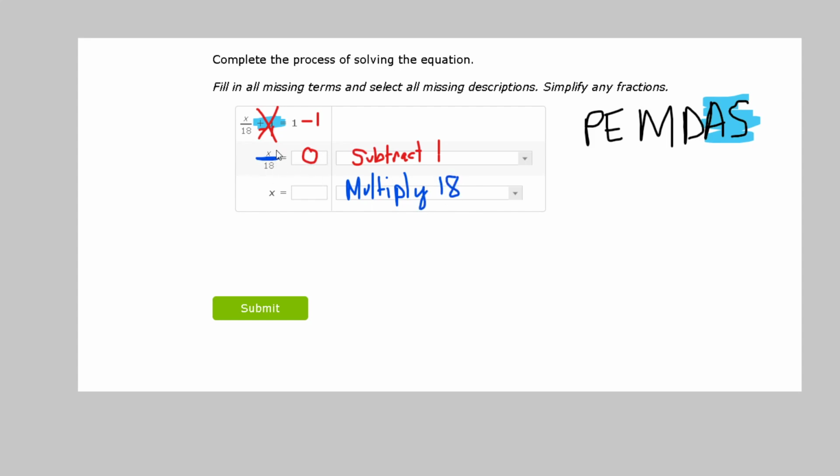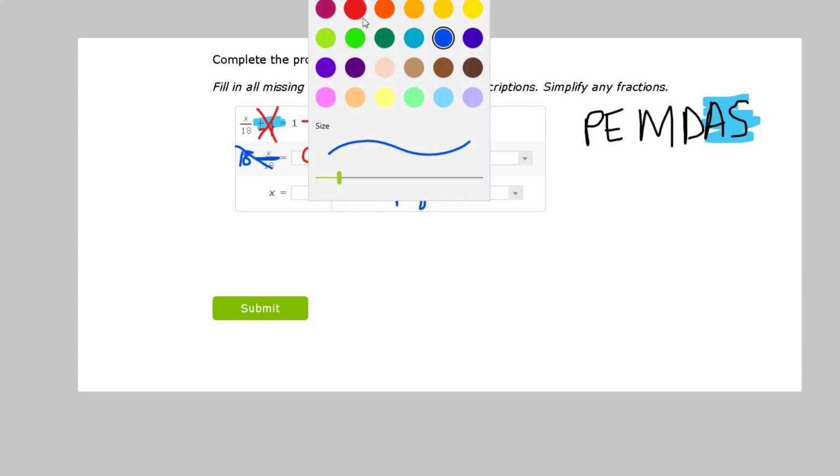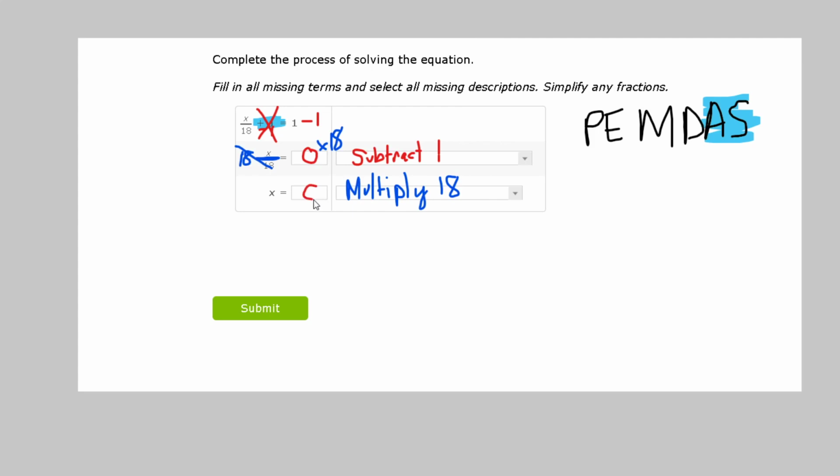And then, so on the left side, we do times 18. These cancel out. Then on the right side, we do 0 times 18. But again, anything times 0 is just 0. So that must be x.